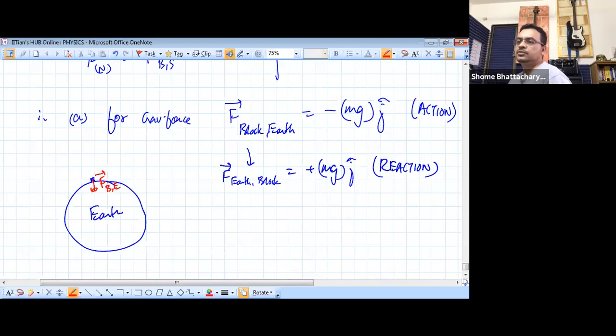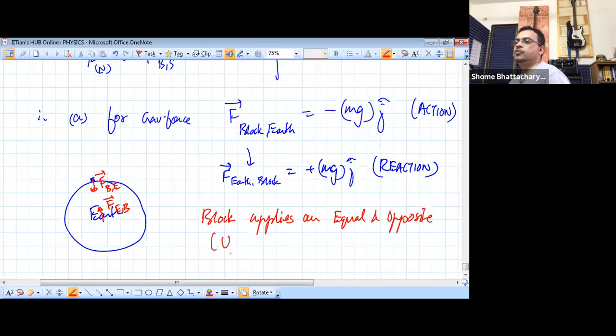And the tiny mass of the block actually also applies a force on the earth, which is equal and opposite, which is like this. It is acting upward on the earth. This is the force on the earth. Okay. So the block applies an equal and opposite, therefore, upward force on the Earth's mass.